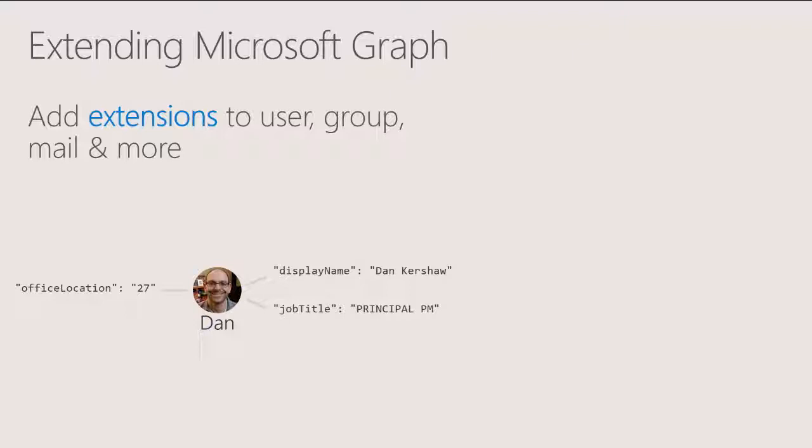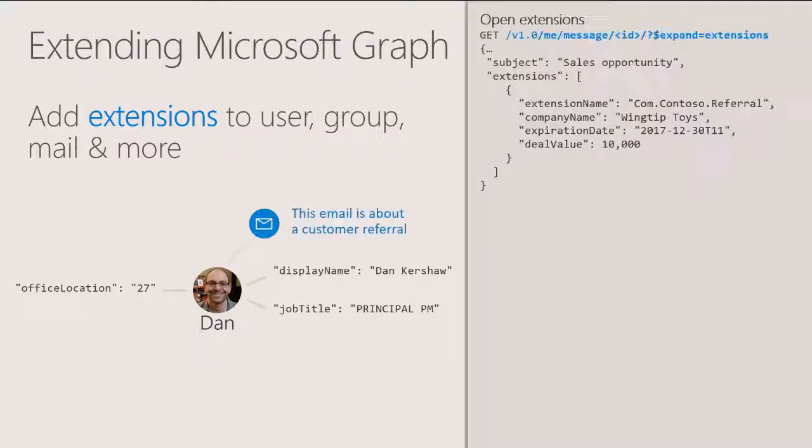So let's imagine that I want to keep my app really lightweight, and I just want to store data within Microsoft Graph. I can do that by using an open extension, for example, and I can store data on the user profile, or I can extend, in this case, messages to talk about a customer referral.